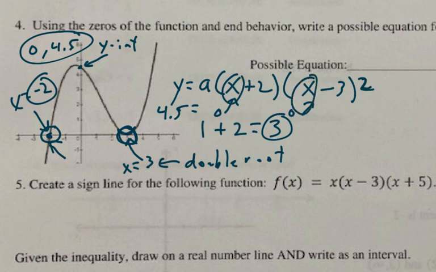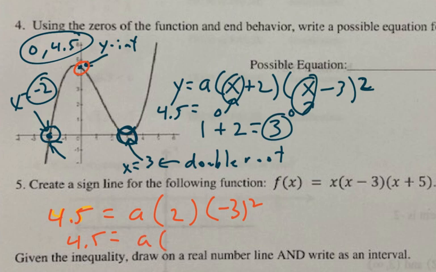So I know that 4.5 equals, assuming that intercept is 4.5, a times 2 times -3 squared. So 4.5 equals a times 18.